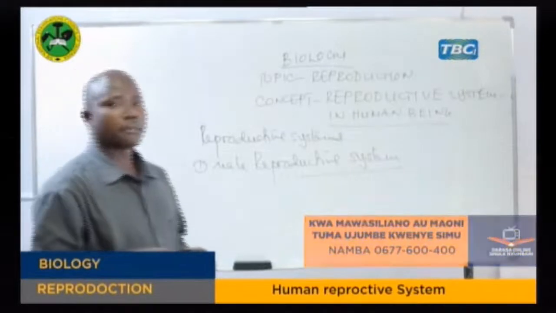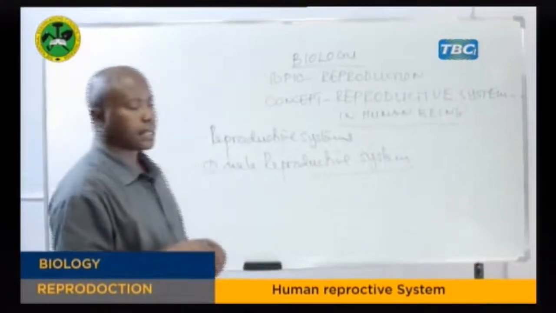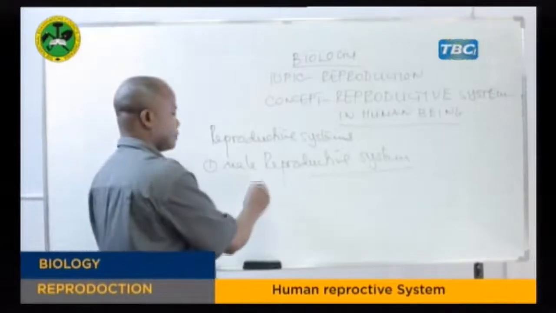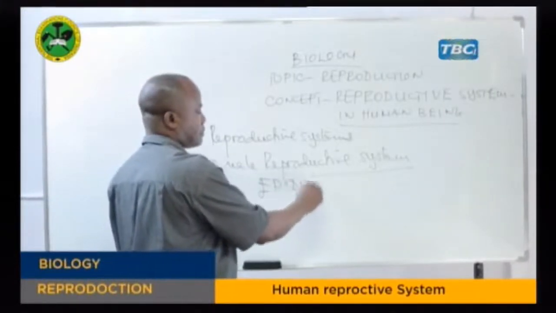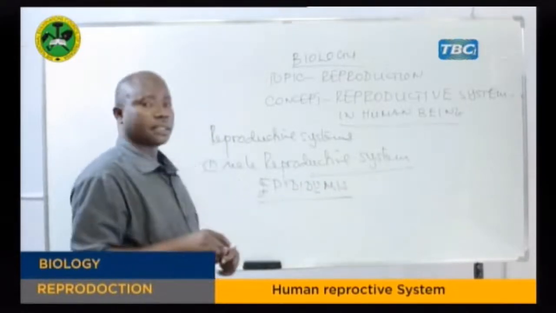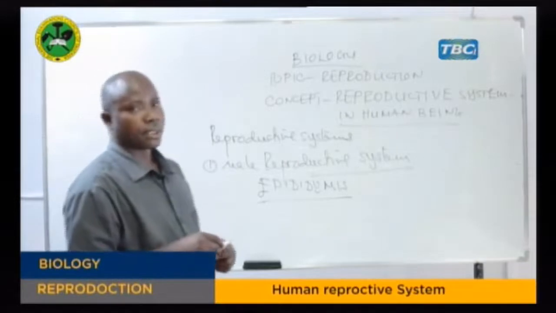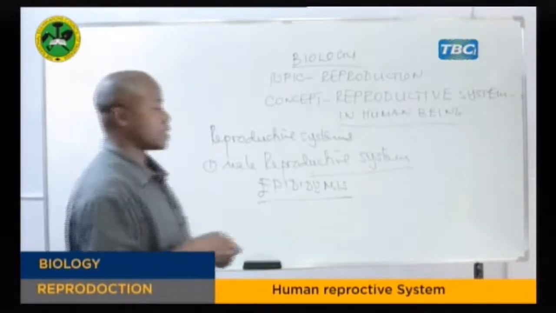The male reproductive system also consists of the epididymis. The epididymis consists of coiled ducts where the sperms are temporarily stored for maturation.